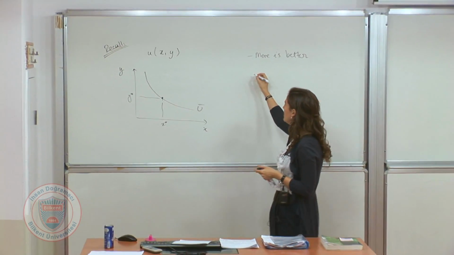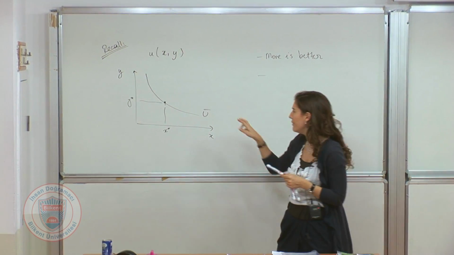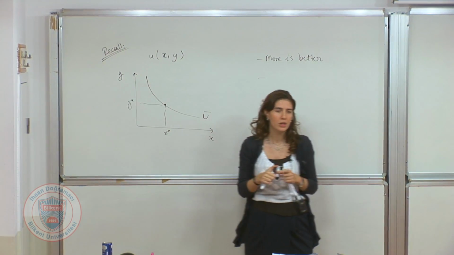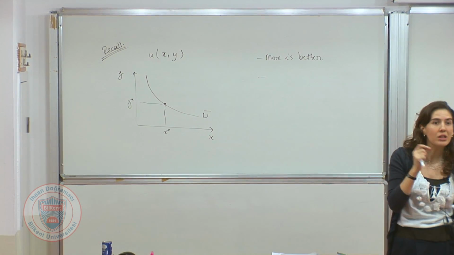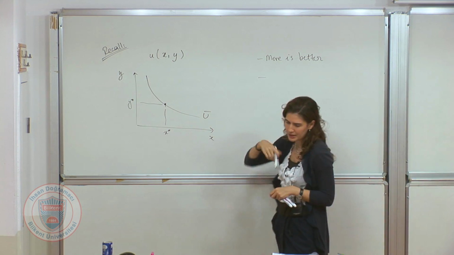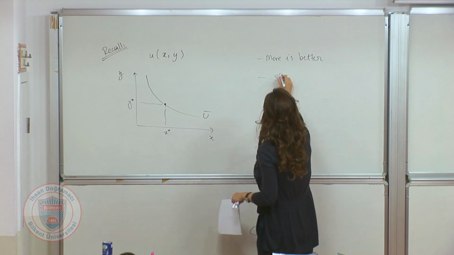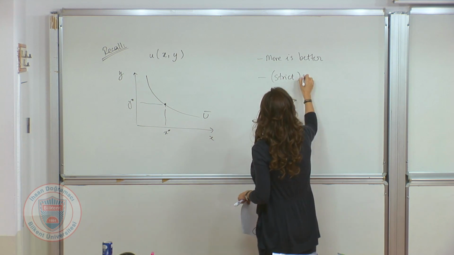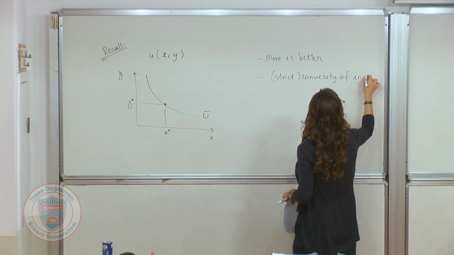The other one is the strict convexity of indifference curves.